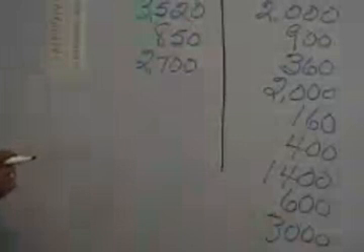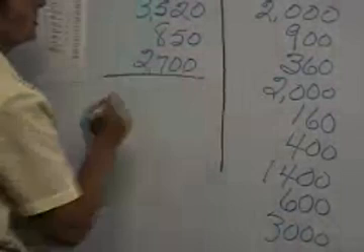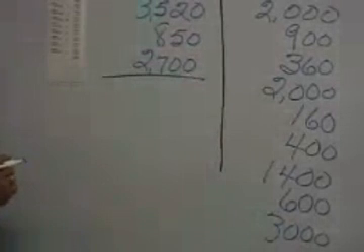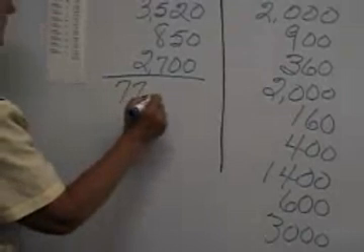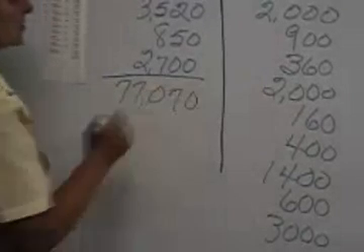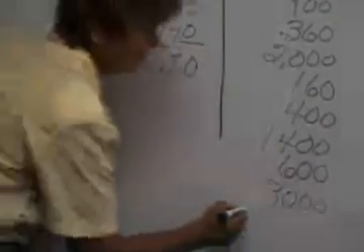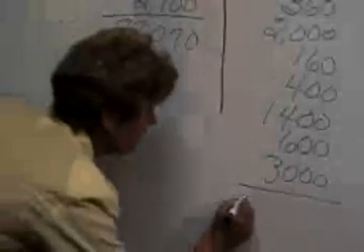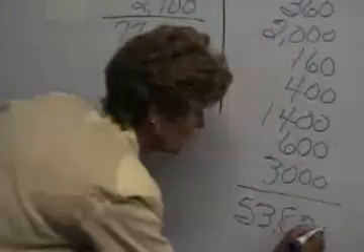To get the total of all the cash that has been received, all we have to do is add up the figures on the left-hand side, and we get a total of $77,070. If the boss asks you how much money has been paid out, we add up all the money on the right-hand side, and we get a total of $53,820.